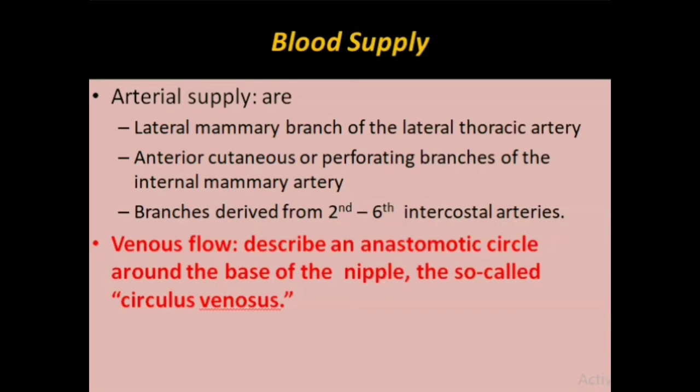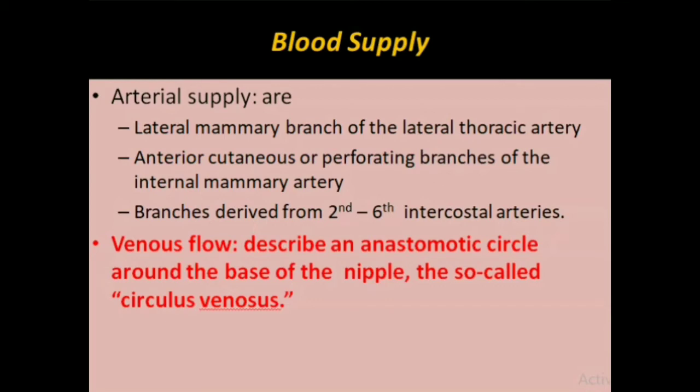Blood supply. The arterial blood supply of the breast is from the lateral mammary branch of the lateral thoracic artery. The second source is the anterior cutaneous or perforating branches, derived from the second to sixth intercostal arteries.